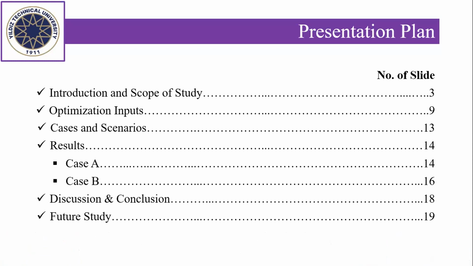Secondly, in optimization inputs, I will talk about the selected parking lot, renewable energy data, the assumption for determining EV charging profile, the financial inputs, two different HPS models, cases, and study aim. Third, in the results, I will examine the results from the two different cases. Discussion and conclusion, I will summarize the results of the paper in general, and in the last part, I will share suggestions for the future.